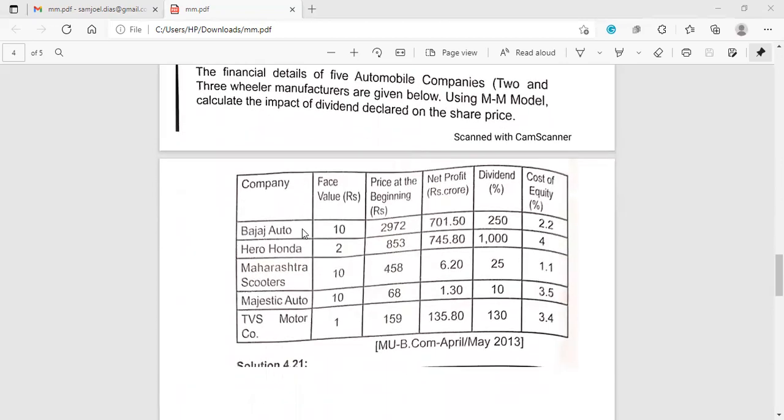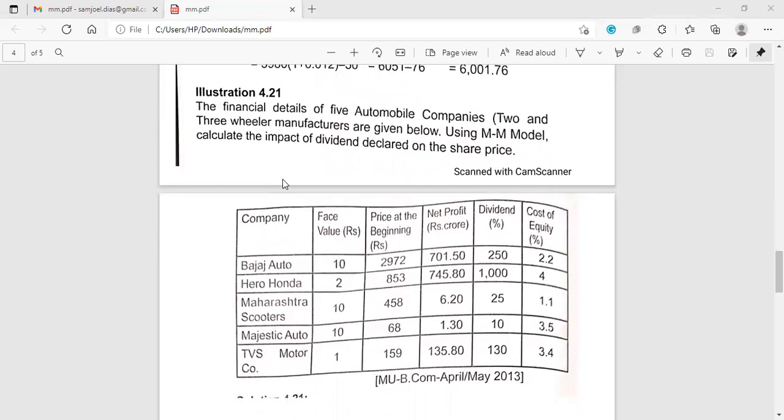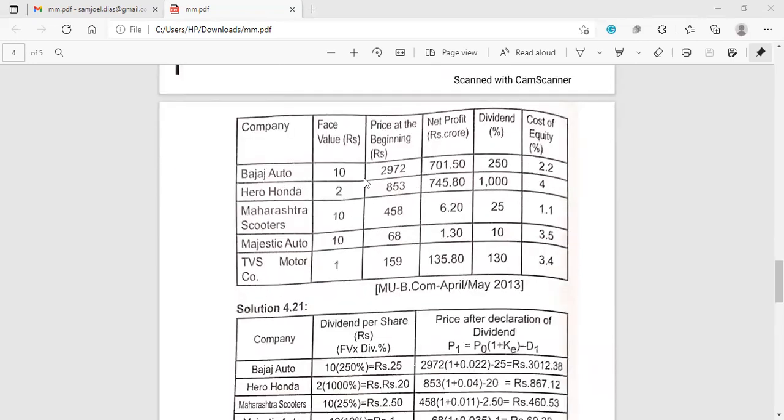Now the next problem is the financial details of 5 automobile companies, 2 and 3-wheeler manufacturers, given below. Using the model, calculate the impact of dividend declared on the share price. Bajaj Auto has a face value of rupees 10. Price at the beginning 2,972.